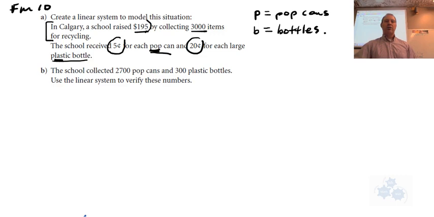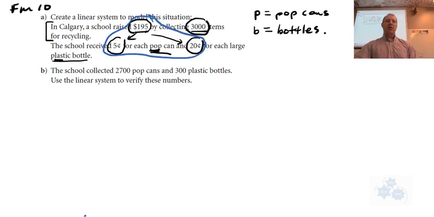So this money value is going to be related to the revenue for each bottle. So the 195 doesn't go in the first equation. Instead the first equation has to come from the 3,000 items. So 3,000 items is the total when you add together all of the pop cans and all of the bottles. So we'll save the money one. This is why money is a bit tricky.